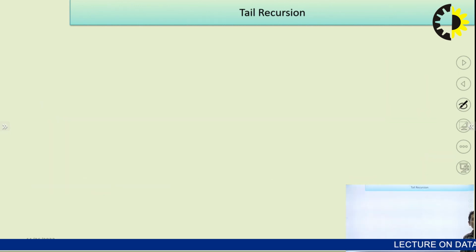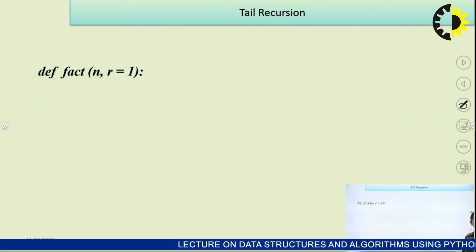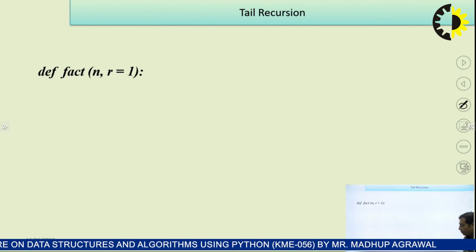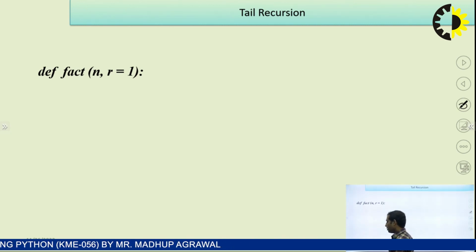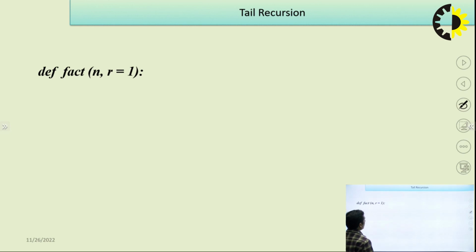Now we will see an example. Same example: we are going to calculate the factorial of a number n by using tail recursion. So we need one extra parameter as accumulator. This is the default value, the base case value.